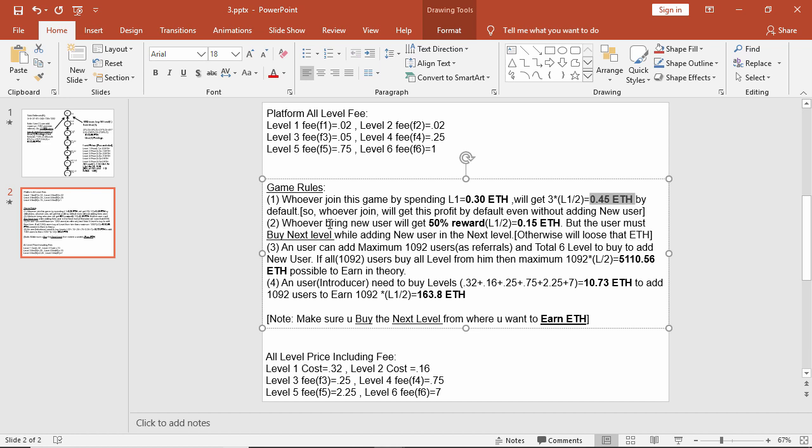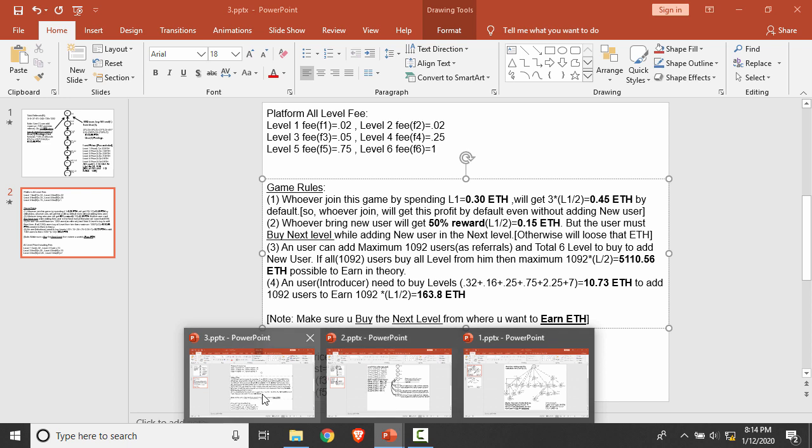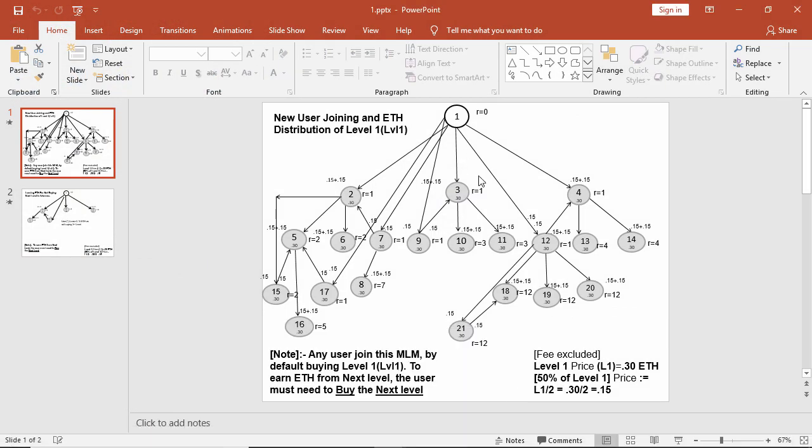Number 2, whoever brings a new user will get a 50% reward. Here in this demo you already see user 1 added this 17 user and got the 0.15 Ethereum, because whoever brings a new user in this game will get the 50% reward.